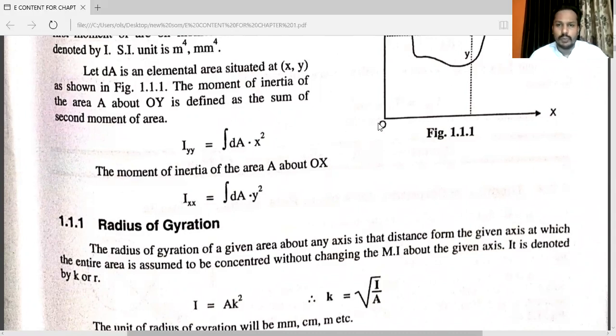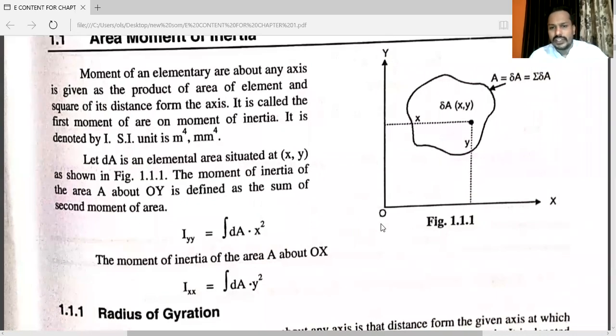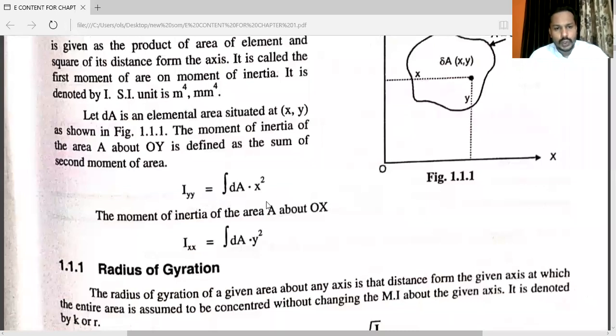X is the distance from the vertical axis, that is OY, and y is the distance from the horizontal axis OX. So these are the very important formulas. So you can note down these formulas. Iyy is equal to integration of dA into x square. Ixx is equal to integration of dA into y square.